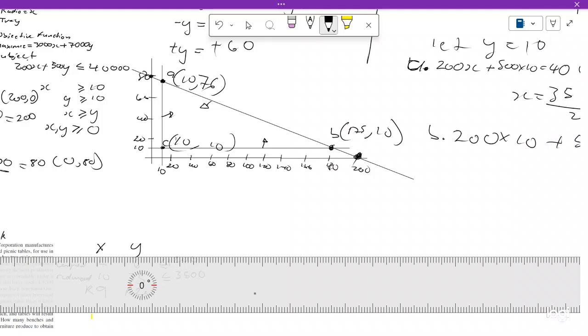On graph paper, it will come out almost accurate.